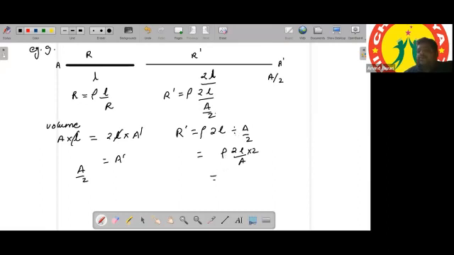Okay, so you get 4. You have rho 4L by A. And rho L by A is R. So you get here 4 times R. So our new resistance will be 4 times the original resistance.